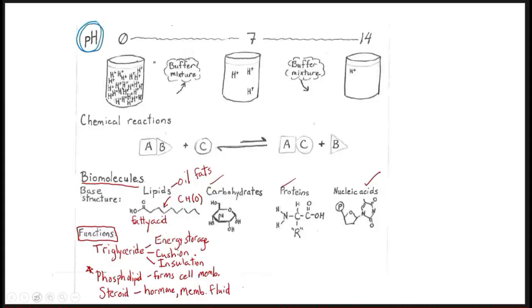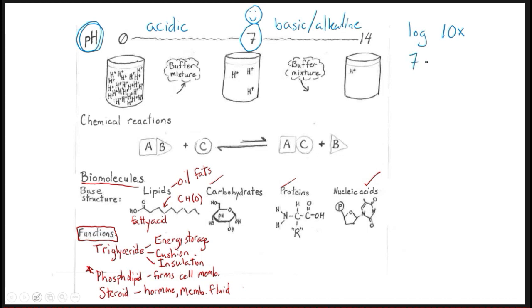pH. So this is the thing that's regulated by breathing in and out. Our kind of happy place is right here around 7. That's neutral. Anything this side is acidic, and this side is basic or alkaline. The pH scale is a log scale, which means every jump in numbers is 10 times the previous one.